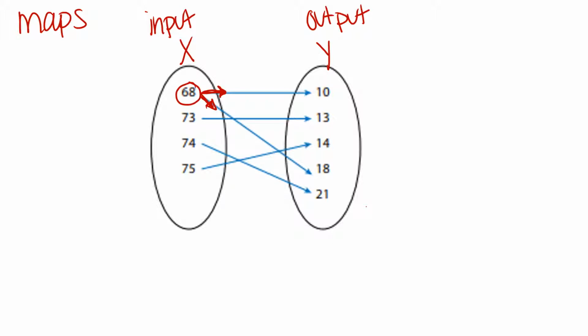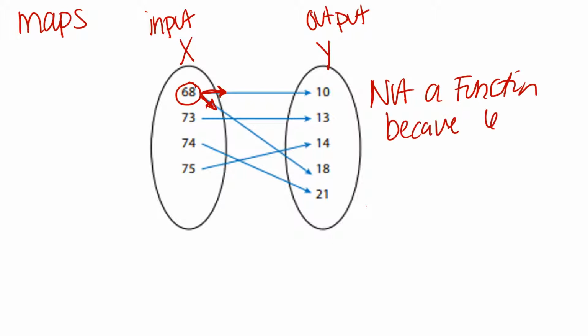The input values can only be used 1 time. So this would be not a function, because 68 is being used twice. The number 68 is going all the way down here to 18, and it gets paired with 10. It cannot be used more than once.